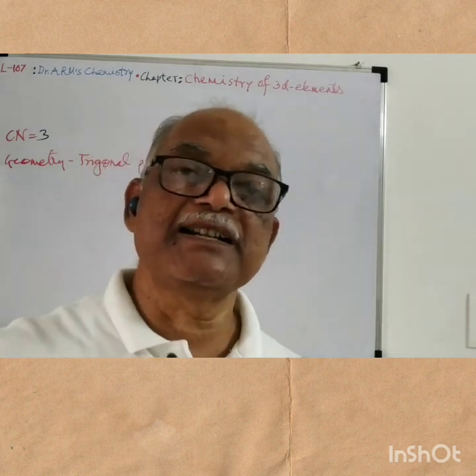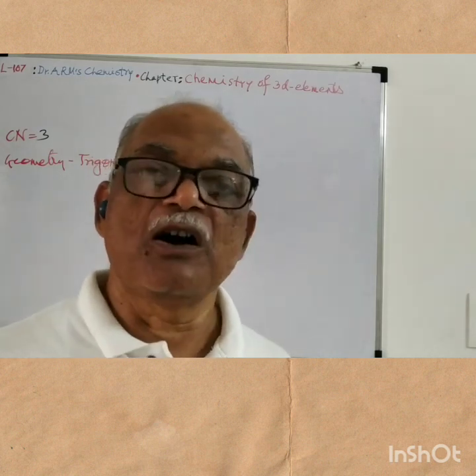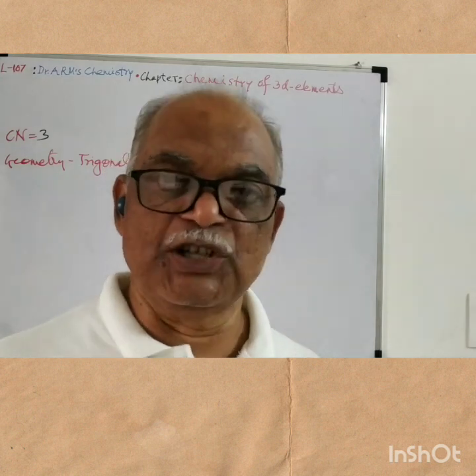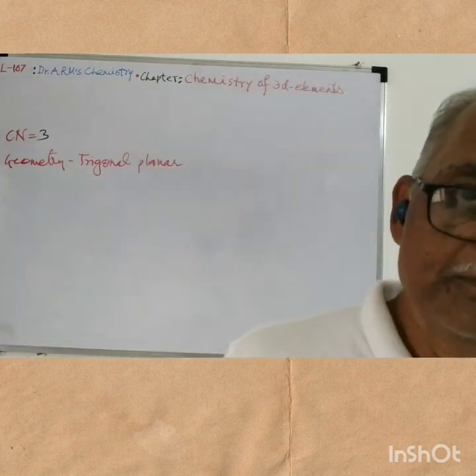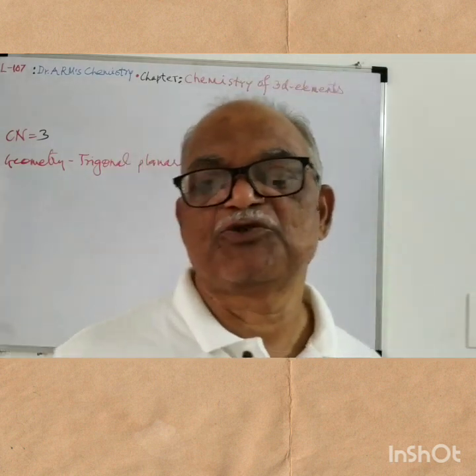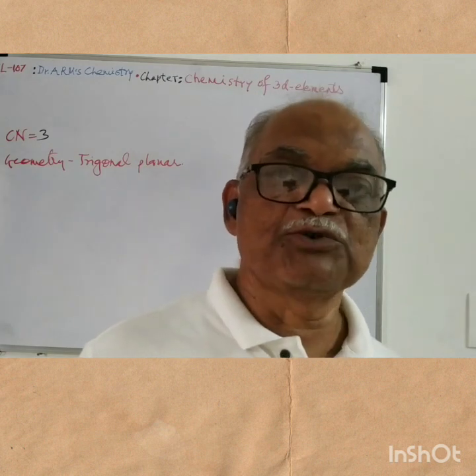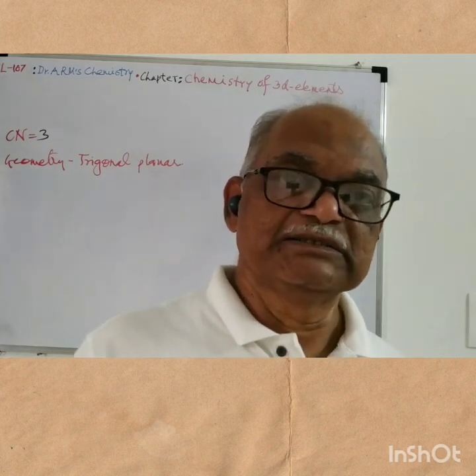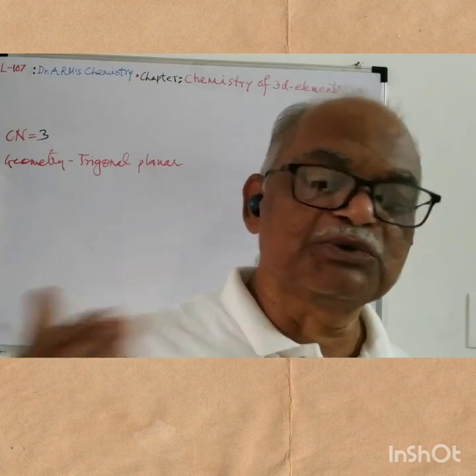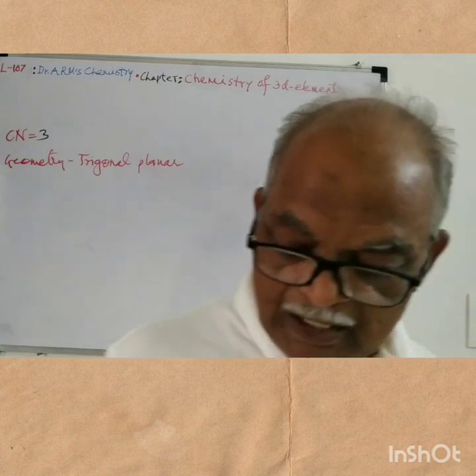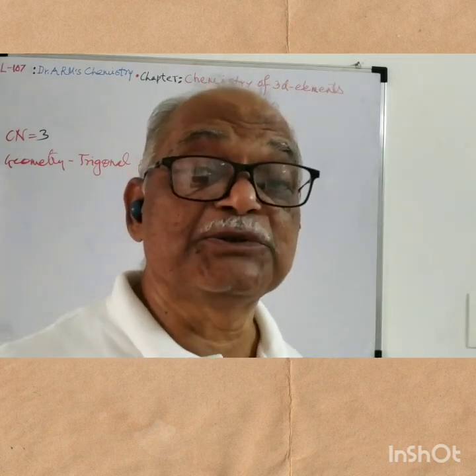But when the ligands are bulky or of different nature, then the geometry is found to lie somewhat closer to trigonal planar, which means it is distorted to some degree.